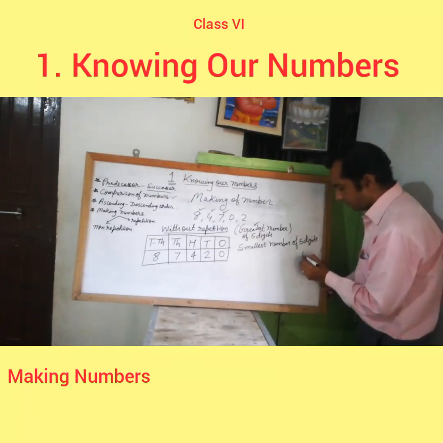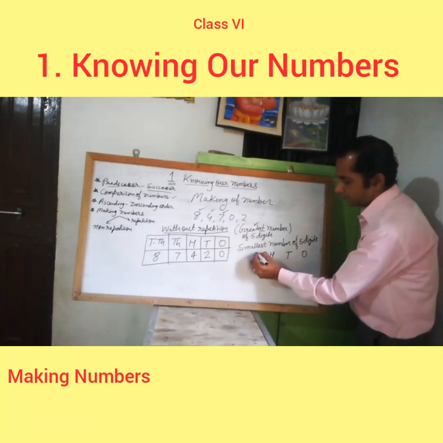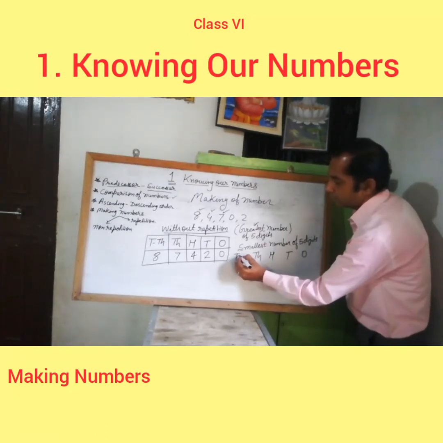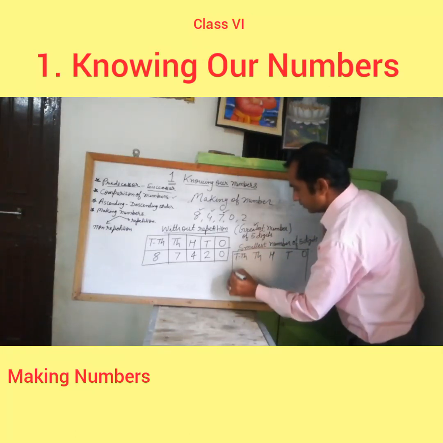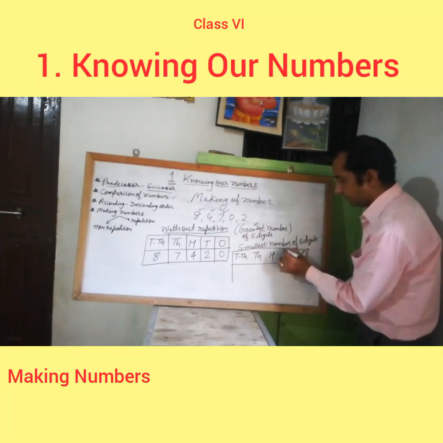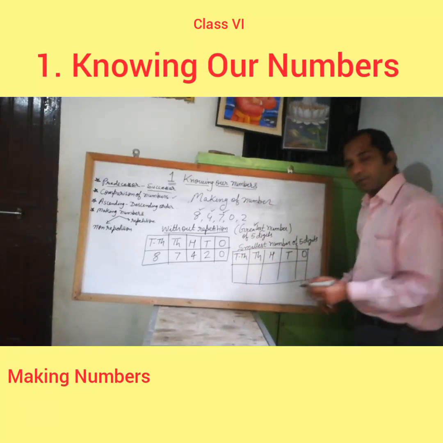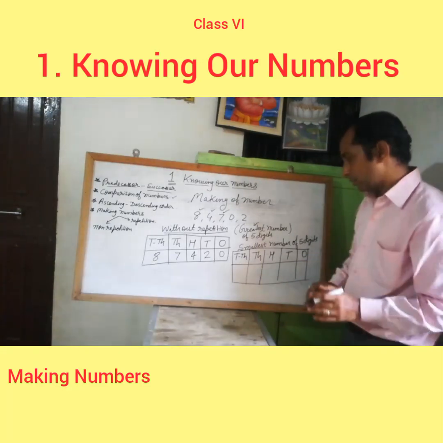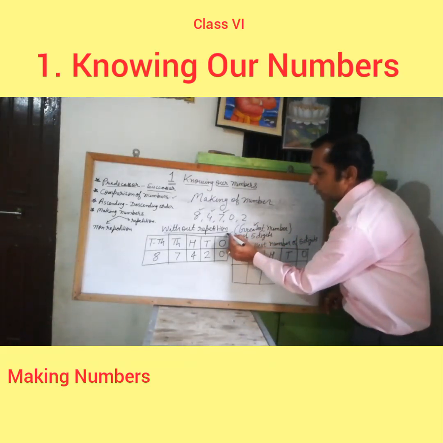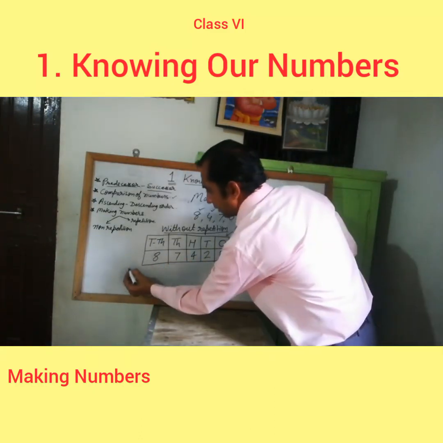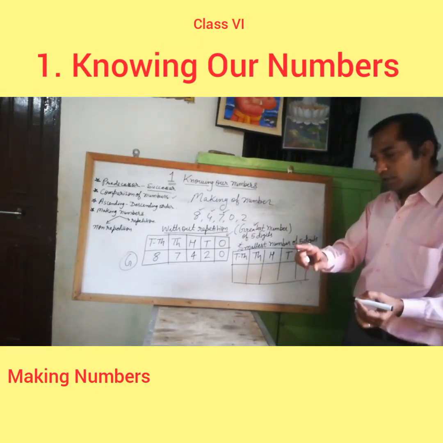So again we write ones, tens, hundred, thousand, 10,000. Clear? Now we have already made the column. This is for the greatest, the greatest number. Now we write for the smallest number.